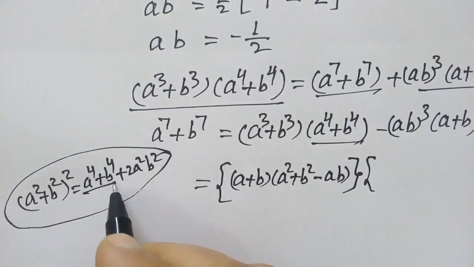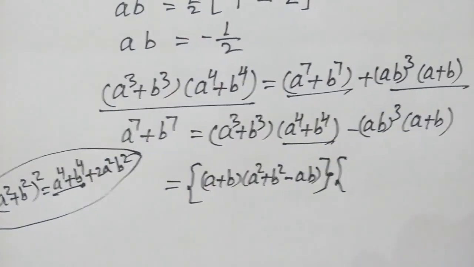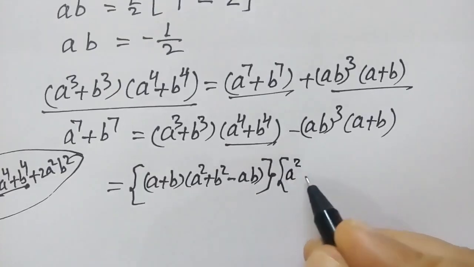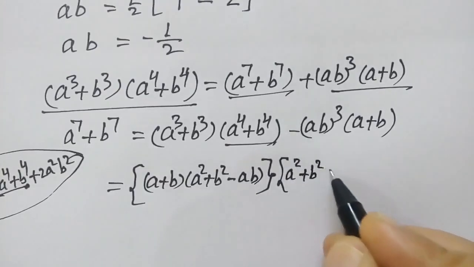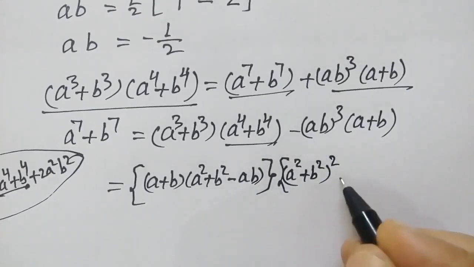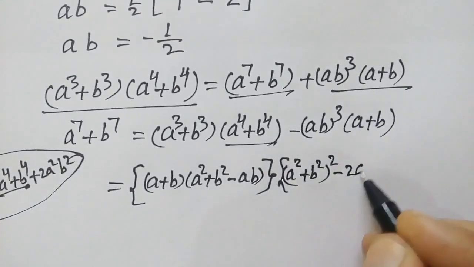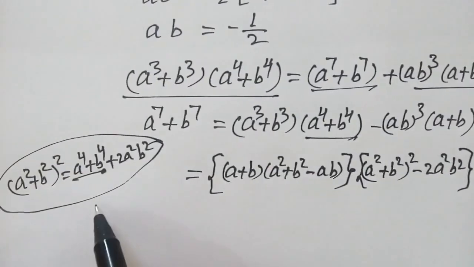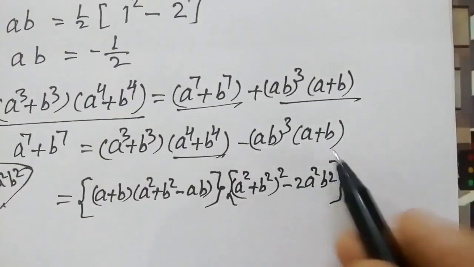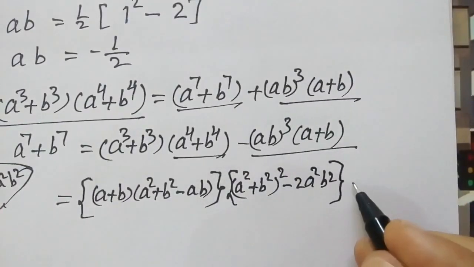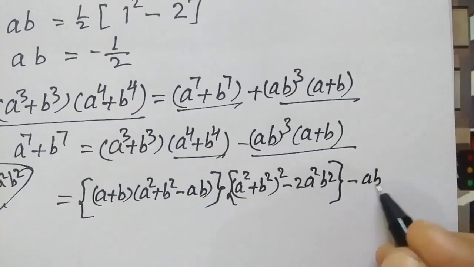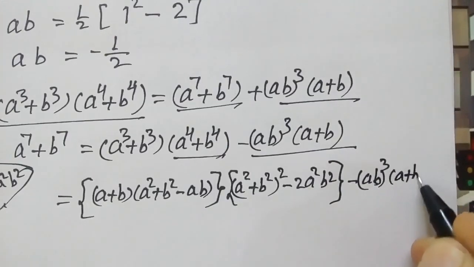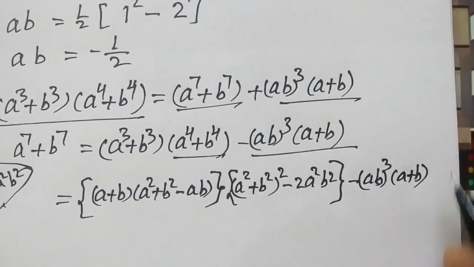So a to the power 4 plus b to the power 4 will be (a square plus b square) whole square minus 2a square b square. Using this, minus this, minus (ab) cube into (a plus b).